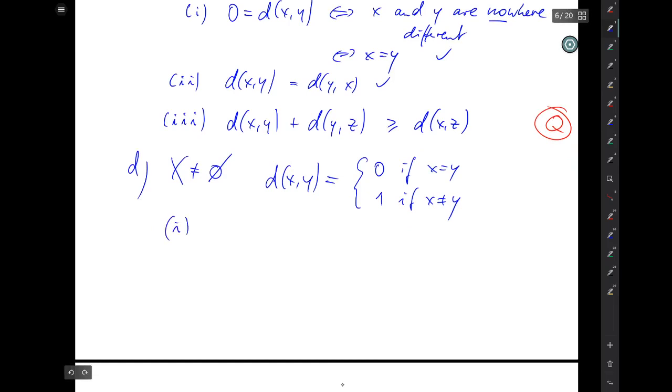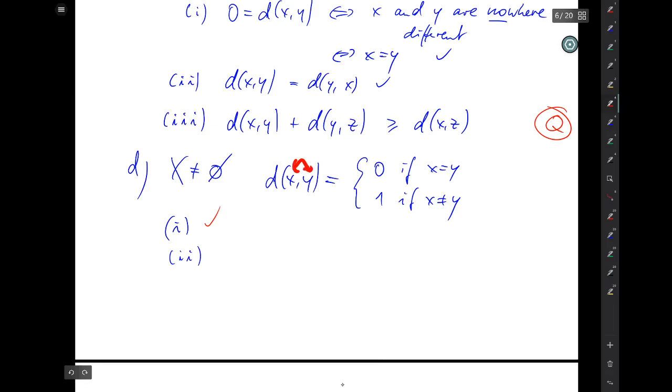Property 1, when do we get 0? Well, we get 0 if and only if they are equal, right? Because here it is. You get 0 if they are equal, and you get not 0 if they are not equal. That's all you have to do. Property 1, check. Property 2. Can I exchange x and y here?